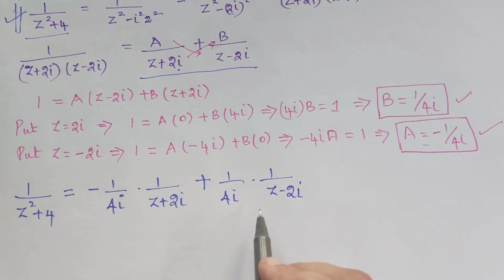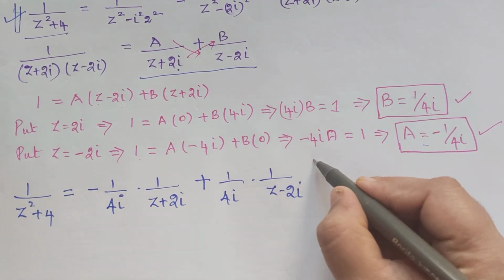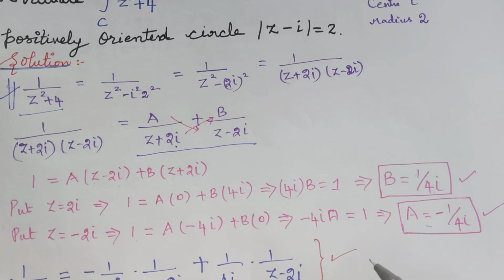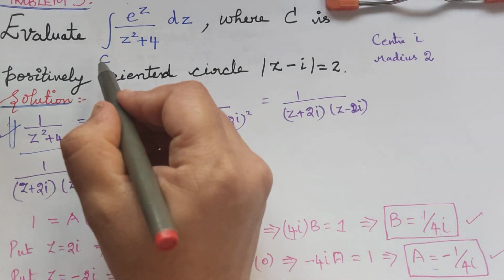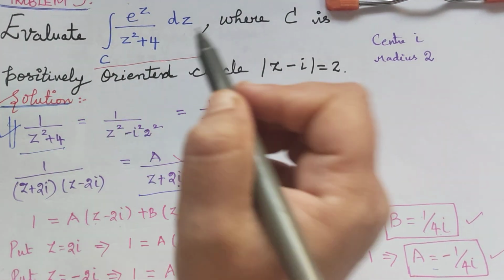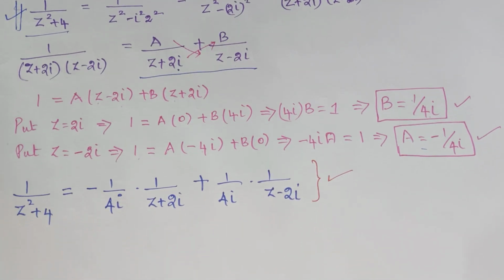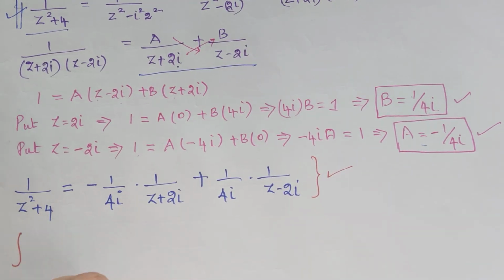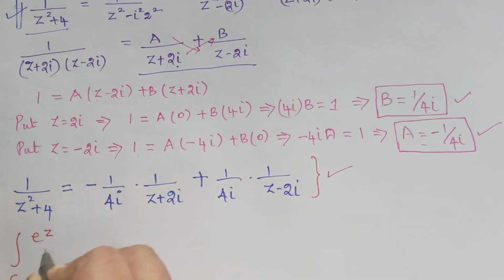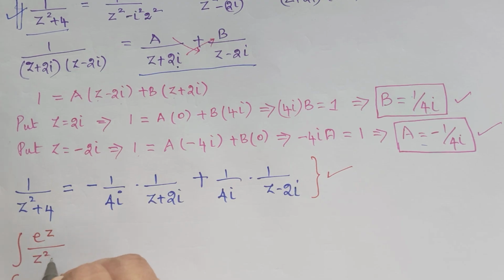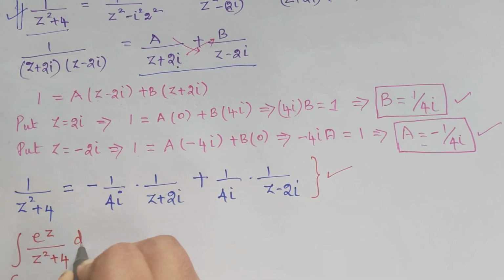So we have rewritten this. Now let us substitute this in our given integral. This is what we have to evaluate, so let us write this: integral over C of e^z divided by z^2 + 4 dz.